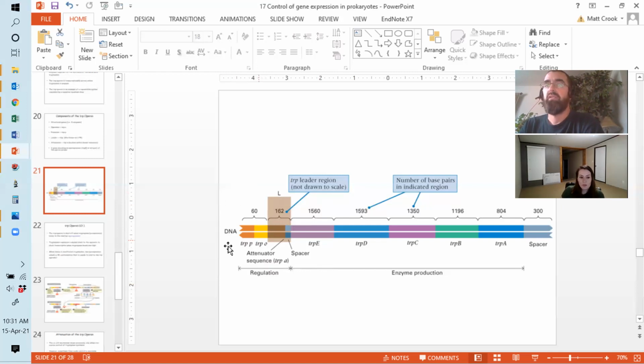RNA polymerase binds to the trp promoter and starts transcribing this mRNA. It hasn't got into the structural genes yet, but it has produced an mRNA. As soon as enough of it clears the RNA polymerase, a ribosome will bind and assemble on it.